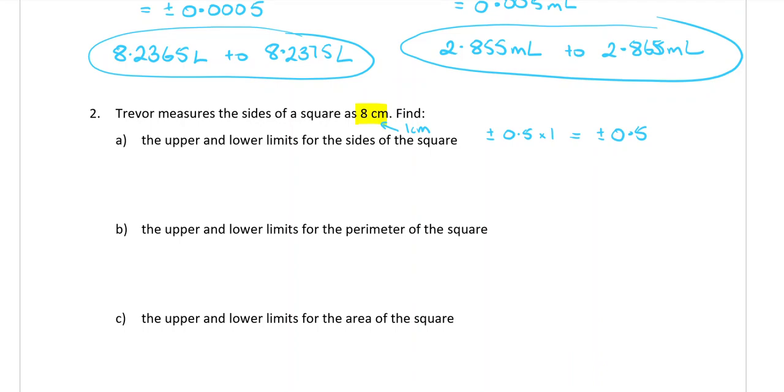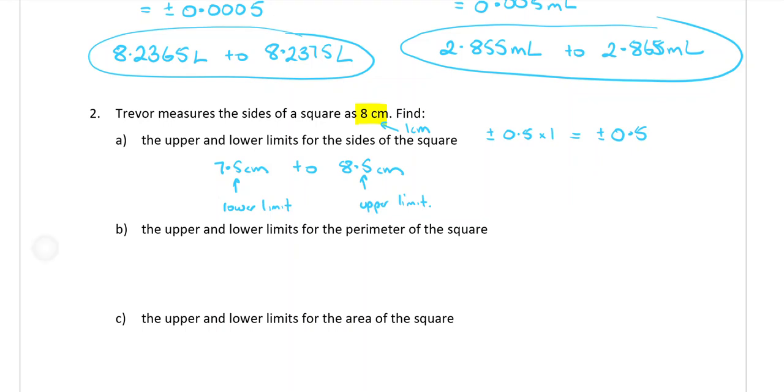Now, if we do 8 minus the 0.5, we get 7.5 centimetres. To find the other, if we start with 8 and add on the 0.5, we get 8.5 centimetres. The 7.5 is what we call the lower limit, and the 8.5 is the upper limit.